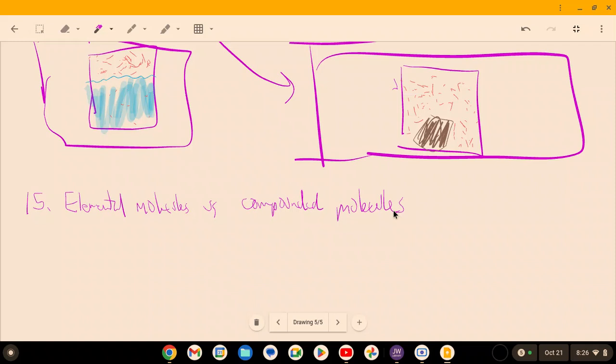So molecules of elements are made of the same element, and then molecules of compounds are made of two or more elements, but they both use covalent bonding, based on what I've read. That means that electrons are shared. They're always shared.